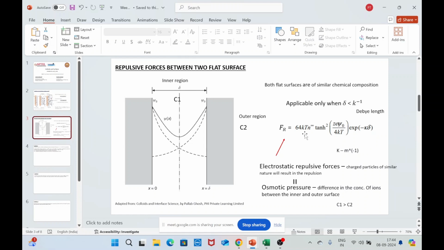N infinity. Last class we have discussed this concept of N infinity. Of course, not numerous problems, but we have discussed this concept.